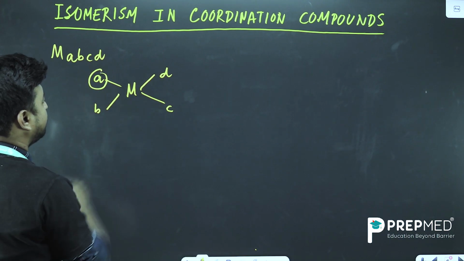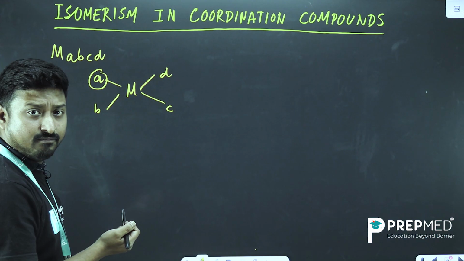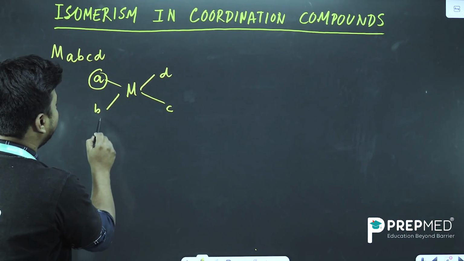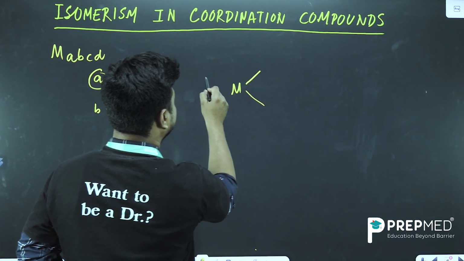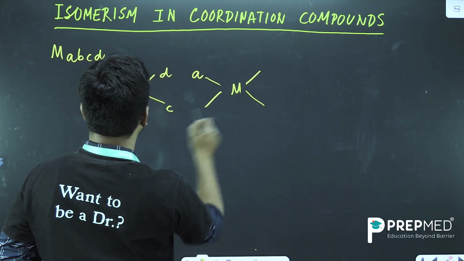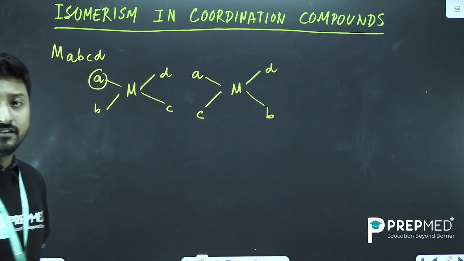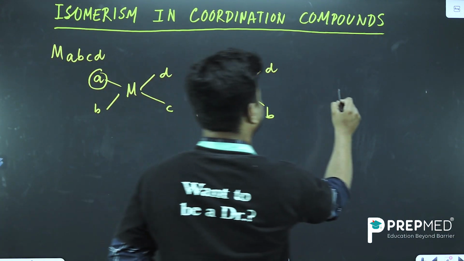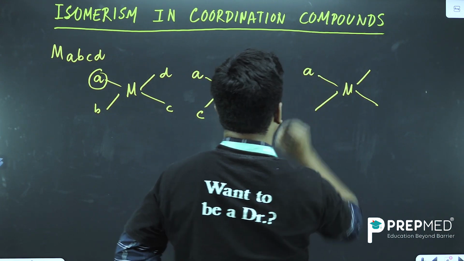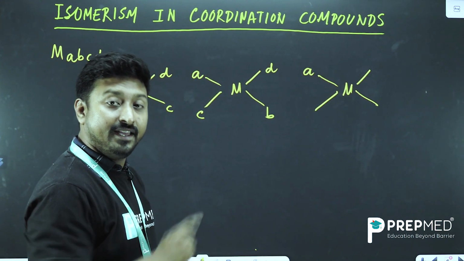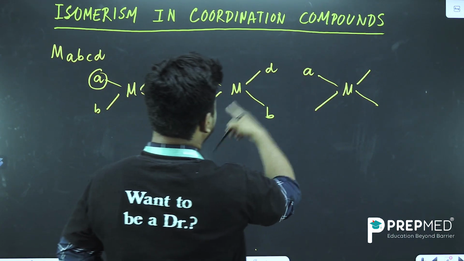I will keep the A fixed and exchange B and D. That is a possibility, but that will give you the same. But what we'll do is fix A and change B and C. This is another isomer. There will be another one also. Fix A and change C and D.